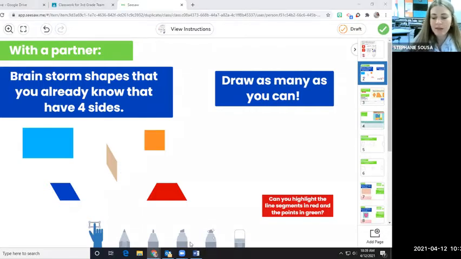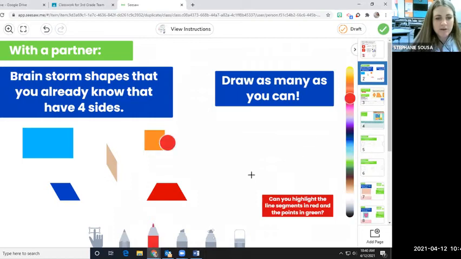If you forget what that means, line segment: a straight figure that has 2 endpoints and is part of a line. Point: an exact location on a plane. Okay. If you forgot how to do this, let's go ahead and work on it together. If you remember, go ahead and get yours done alone. Line segment of the rectangle is each of the sides.